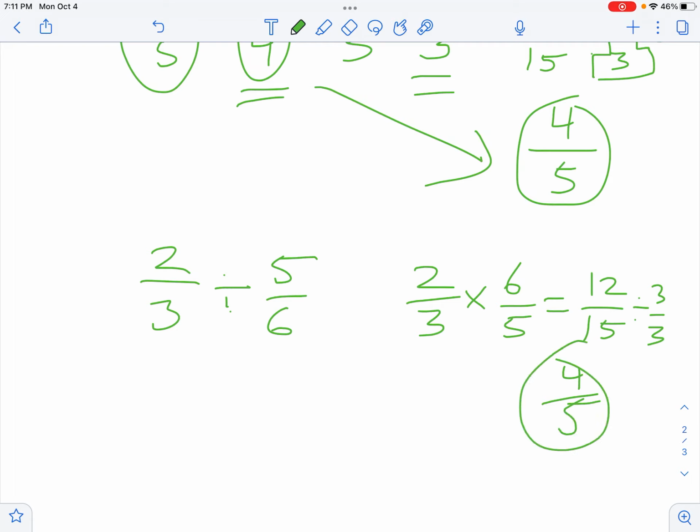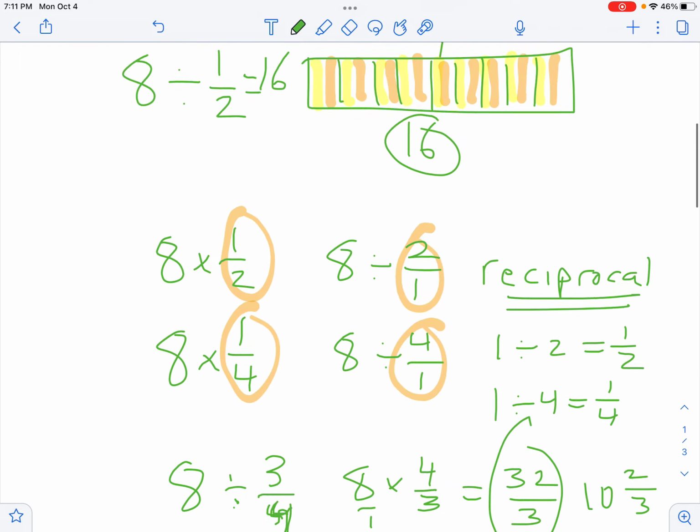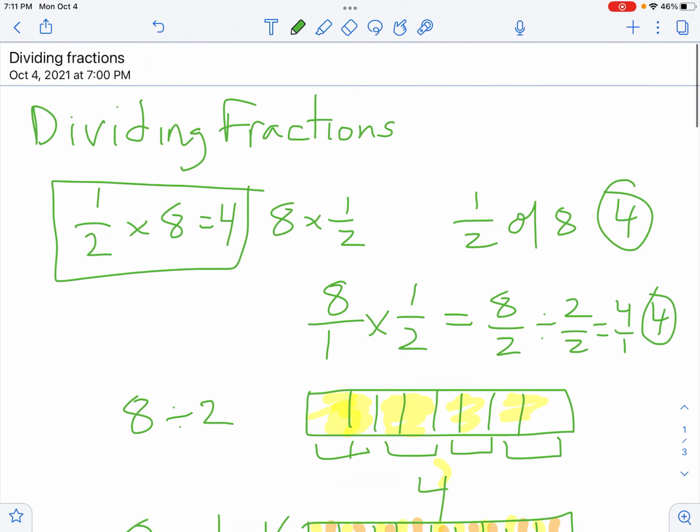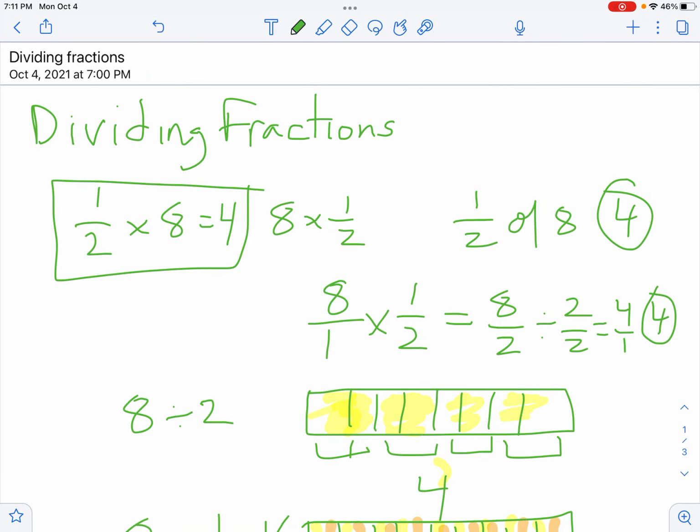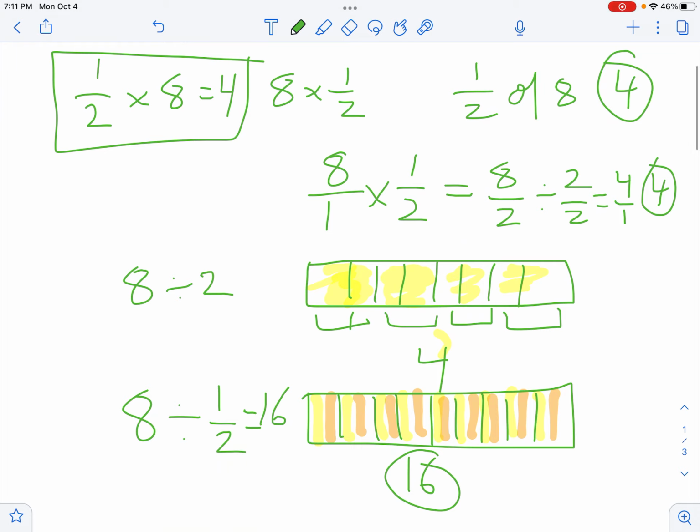That's just a coincidence. So just to summarize, this is sort of the rule, but if you think back to why the rule works, right, that we did a lot of talking, might want to watch this again, about how multiplication and division are related very closely, right? So we said that 8 times 1/2 was the same thing as 8 divided by 2.